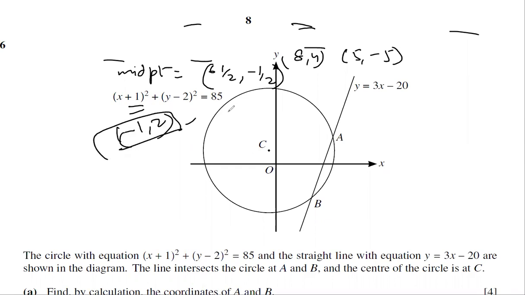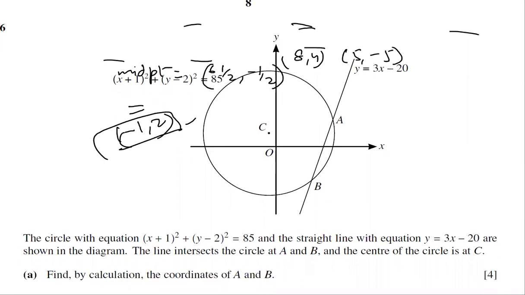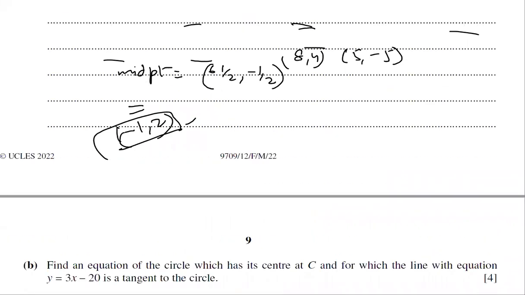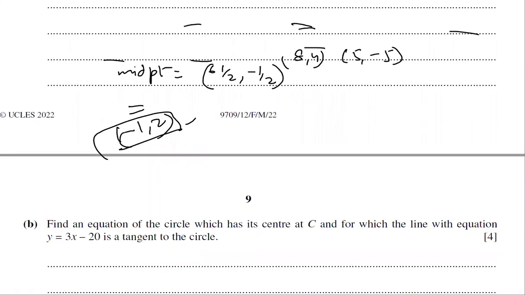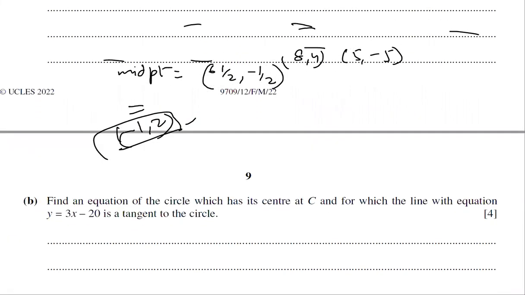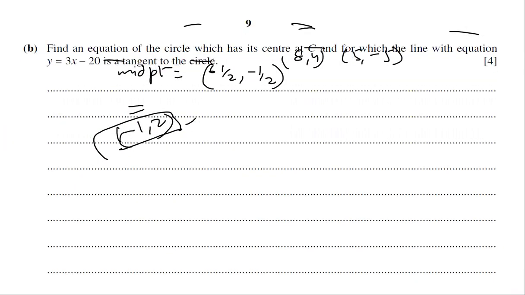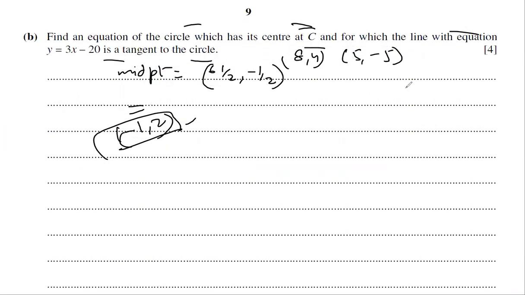So the other point is this. With these two, we can find out r square using the distance formula.